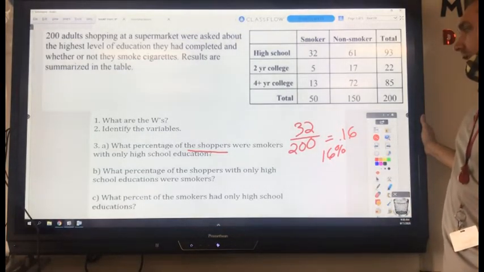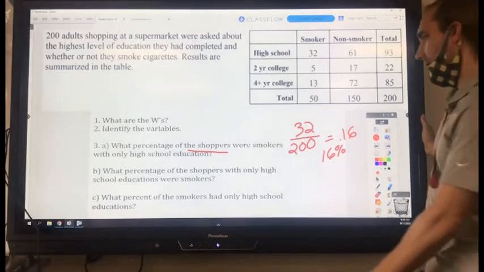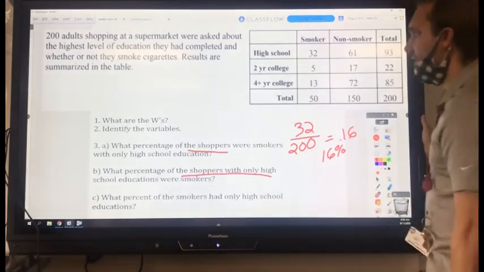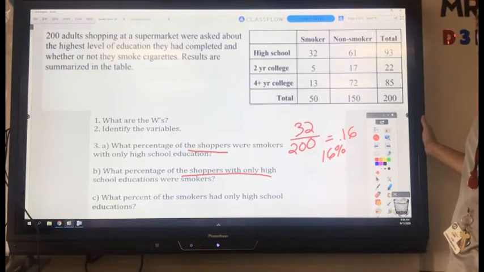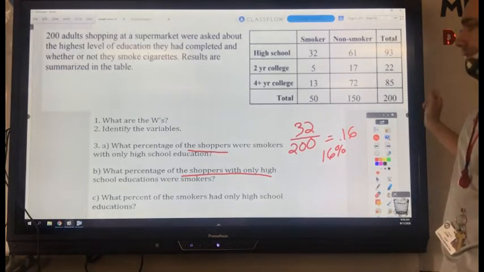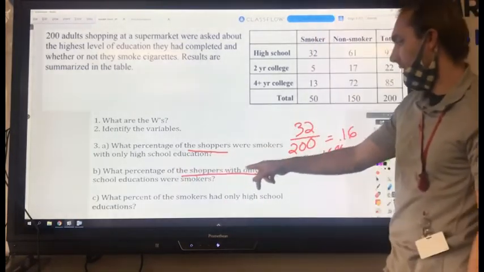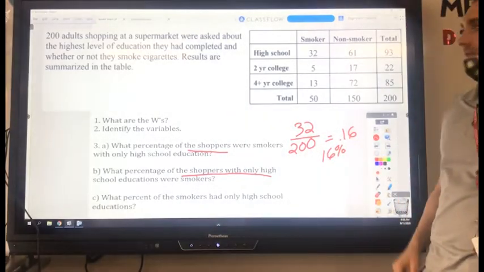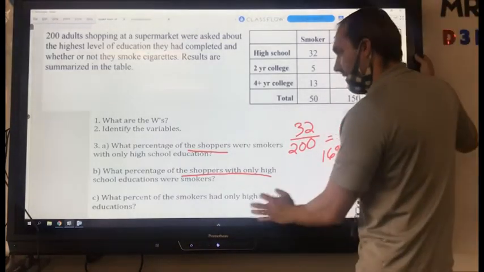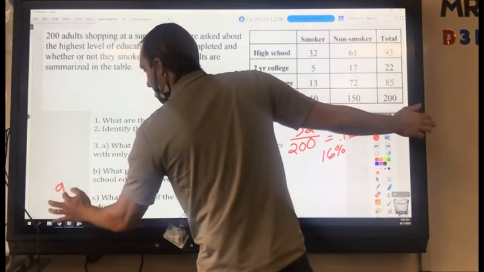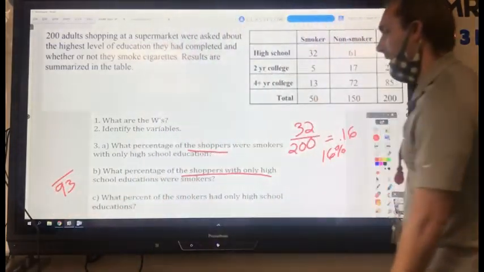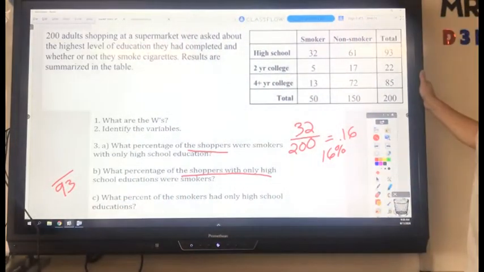Next question. What percentage of shoppers with only high school education, so what's my total? Nope. What percentage of shoppers with only high school educations? 93, very good. So I'll do that over here, 93. That's my total. Were smokers? 32.